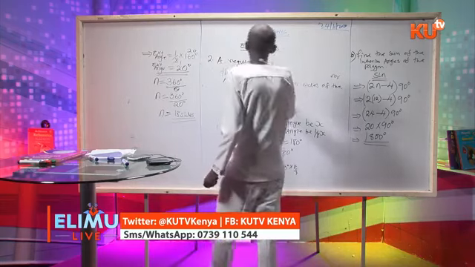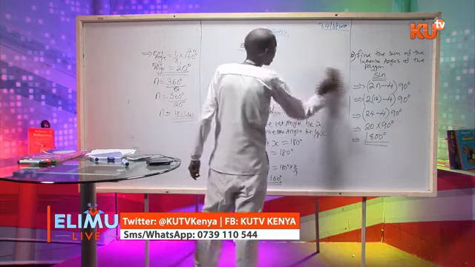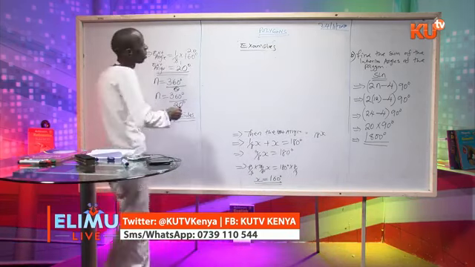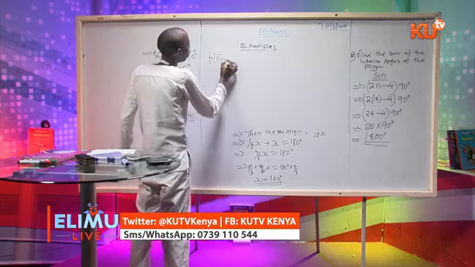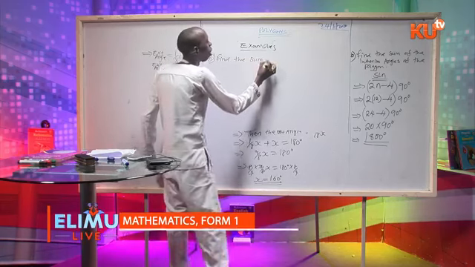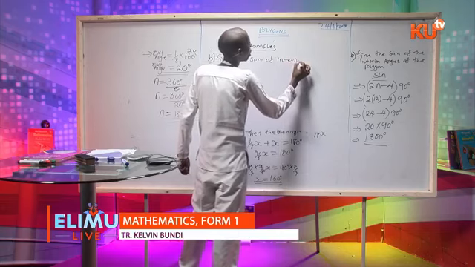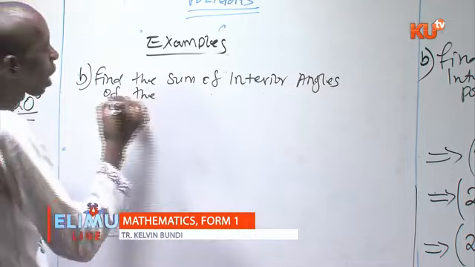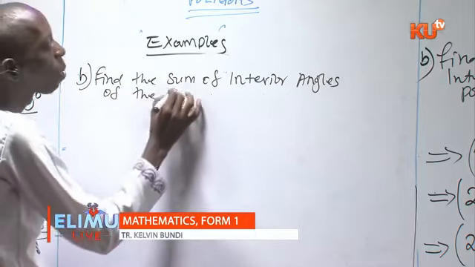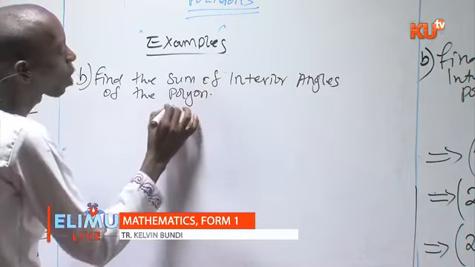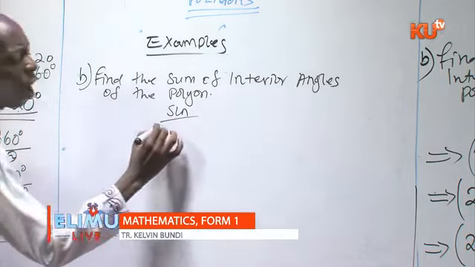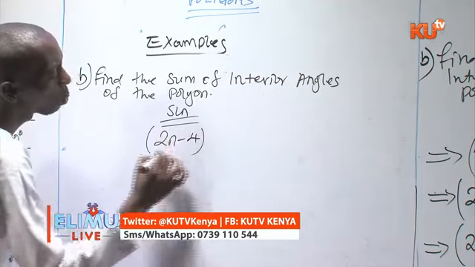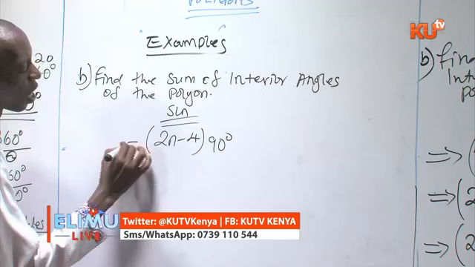So, if that question had a part B, and you are asked to find the sum of interior angles of the polygon, it is simple. What is important is to know the formula, which is (2n minus 4) multiplied by 90 degrees.